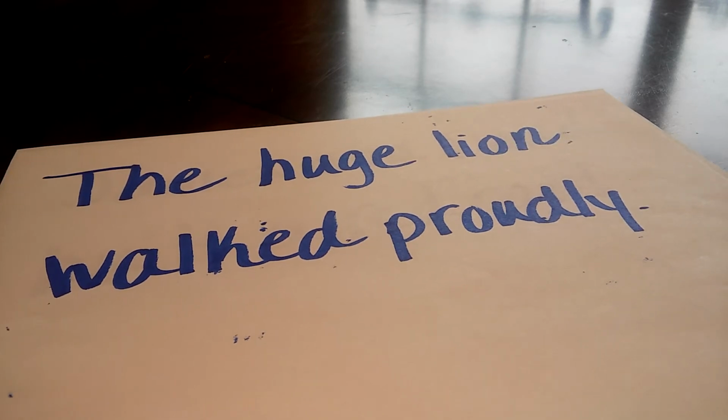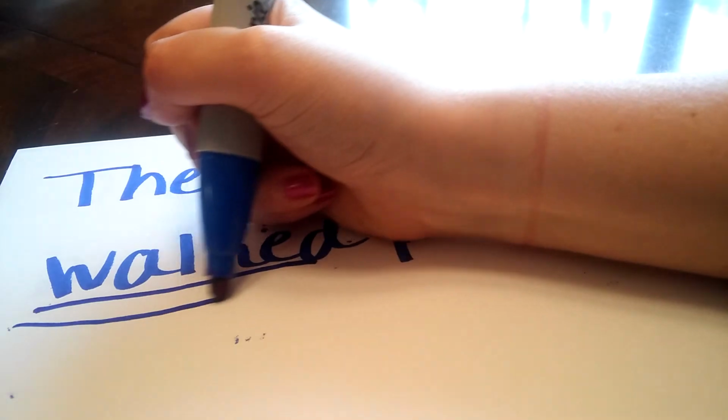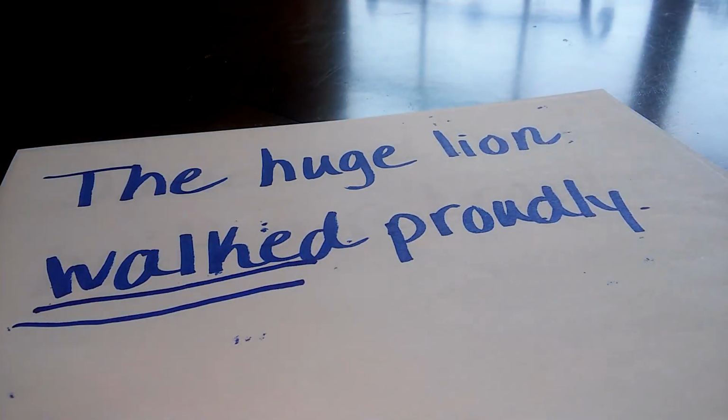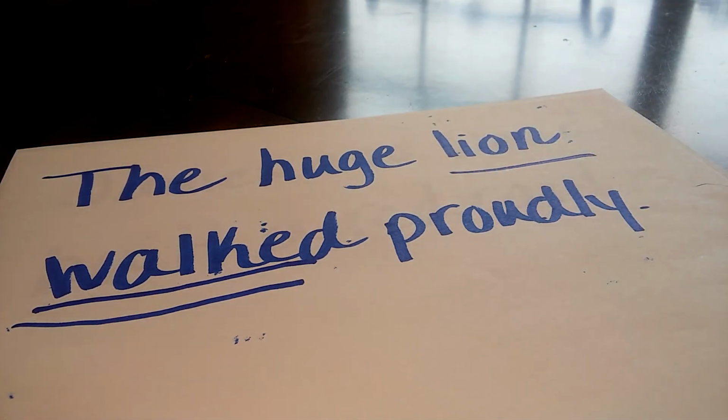Okay, so the huge lion walked proudly. The first thing we're finding is the verb. What is the lion doing? He is walking. So we're going to underline walked 2 times. Then we have to find the subject. Who or what is the sentence about? The sentence is about the lion. So we're going to underline lion once.